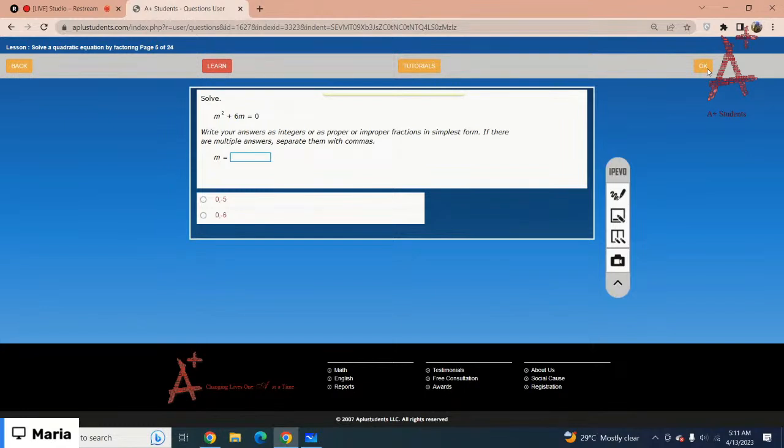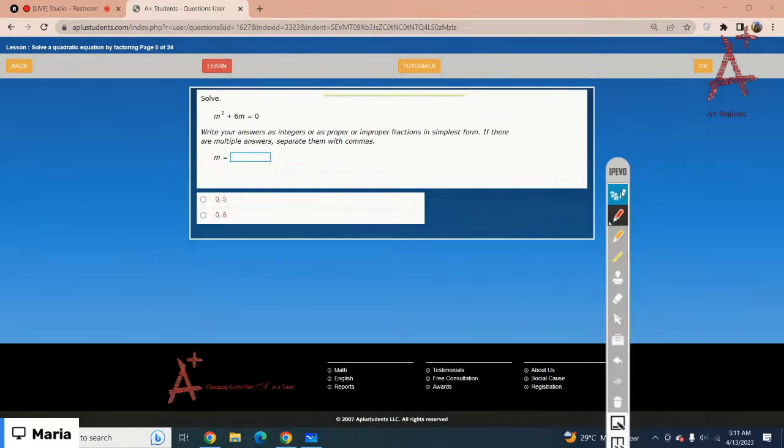Okay, the next one is m square plus 6m equals 0. So which is the correct option? You can take common m. So it would be m plus 6. Got it? Either m equals 0 or m plus 6 equals 0. So it would be m equals negative 6. Got it?